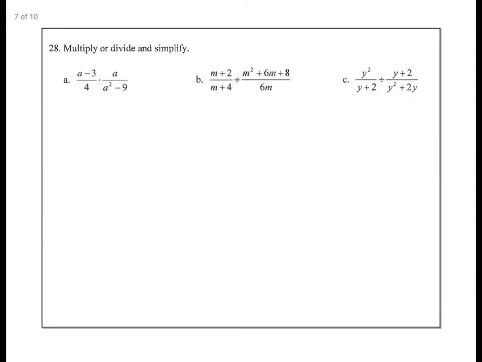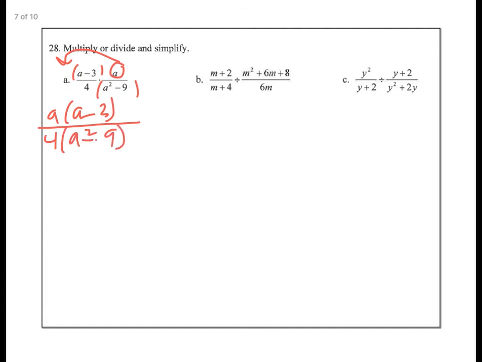Okay, on to some multiplying and dividing. A is multiplying, so I like to first mark off those terms that are together. Like that a minus 3 is stuck together right now, and the a squared minus 9 is. When multiplying, we're really just squishing everything together. I'm going to move this single a in front of this binomial, so I have a times a minus 3. Sorry, it's a little sloppy. On the bottom, I have 4 times a squared minus 9.